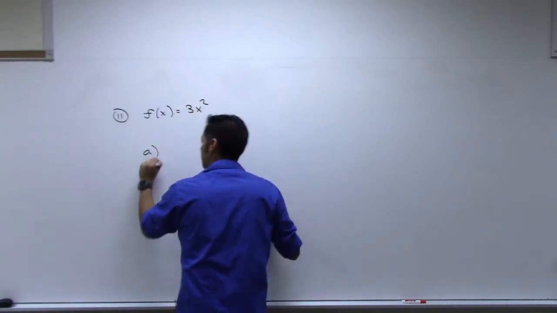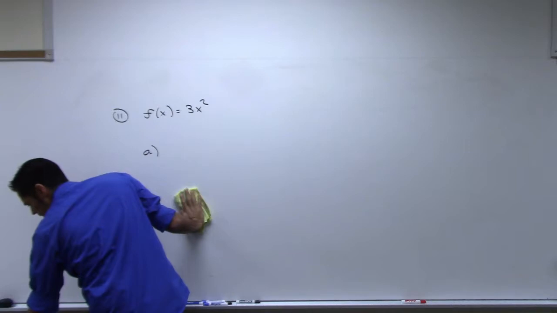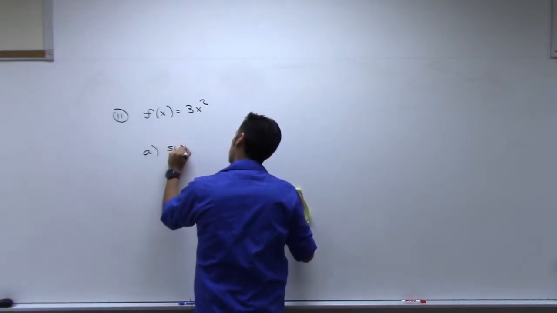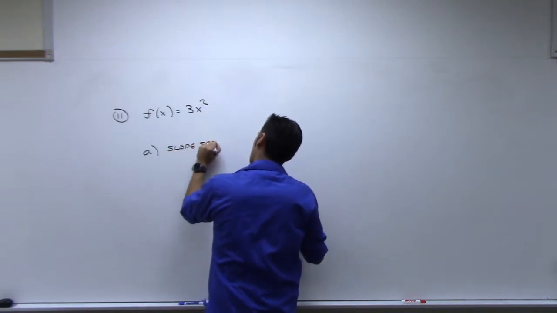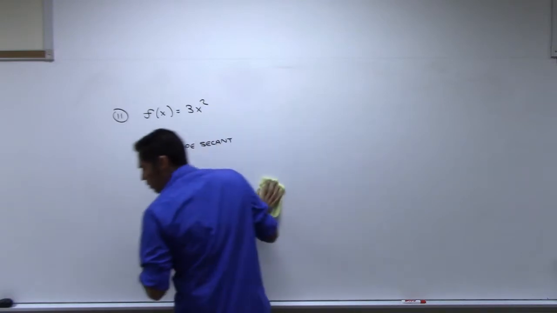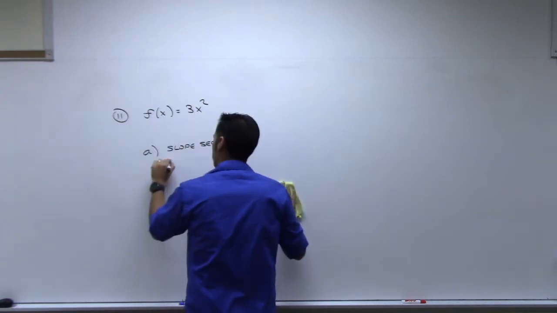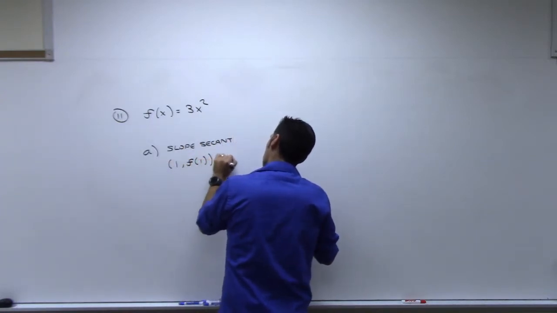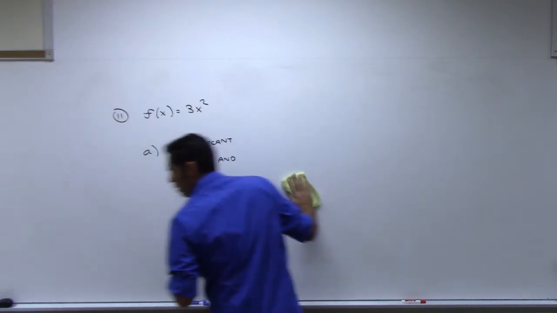So part A, it wants us to find the slope of the secant line through the point 1, f of 1 and 4, f of 4.